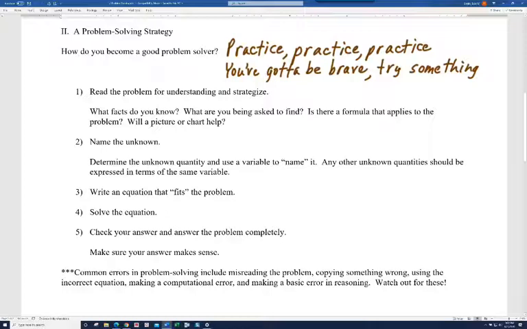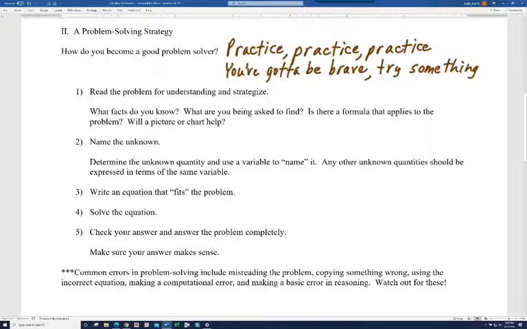I mean, you don't want to spend too much time on one problem, but the bottom line is, I've literally had some students that it was almost impossible to get them to even put much effort into word problems. And you're just never going to get any better at it if that's your approach. Especially if you're going on to calculus and some higher level math courses, you got to be willing to jump in, and through practice you're going to get better.